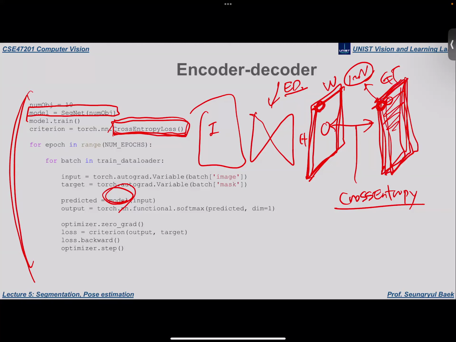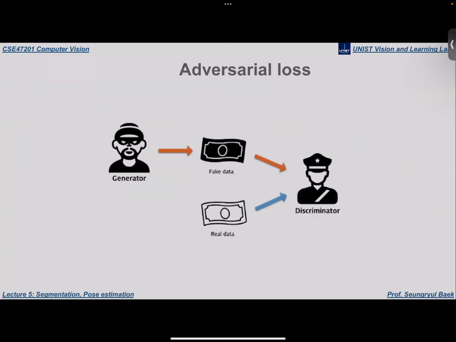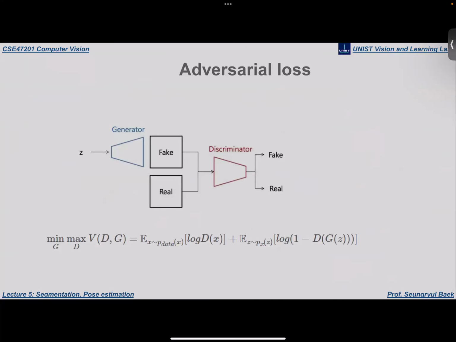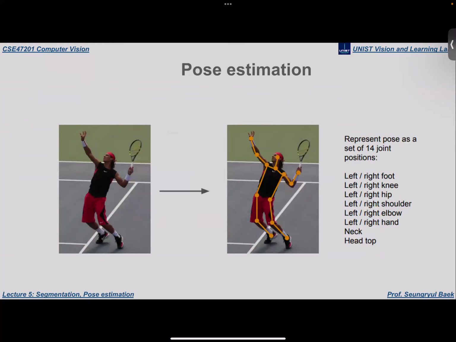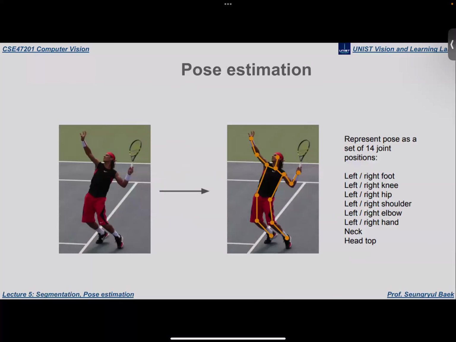And you have to estimate some probability map, and it has to coincide with this ground truth, so it can be trained by this cross entropy loss. I will explain the image generation part a bit later.